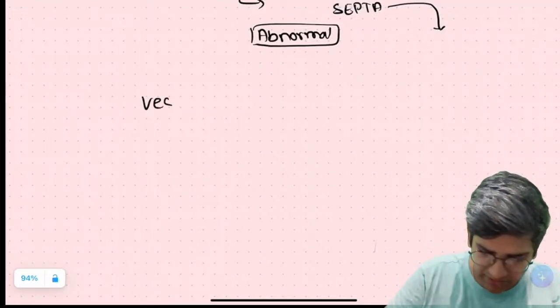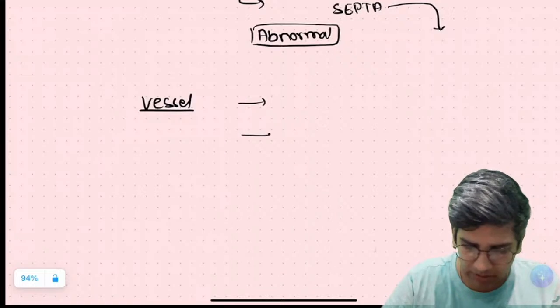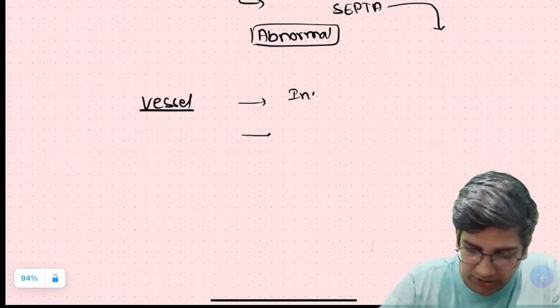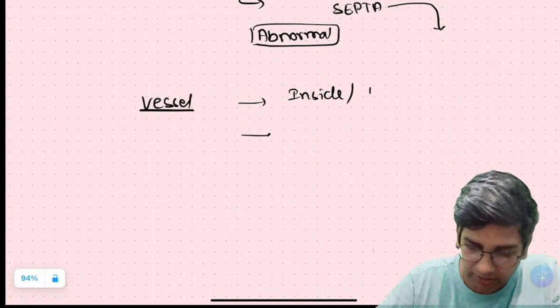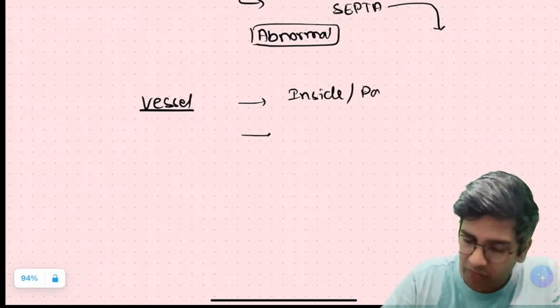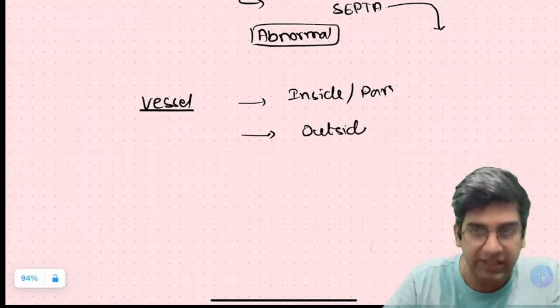So now we had agreed that the vessel is abnormal. Fine. So when the vessel is abnormal, the first question I want you to ask is, is it inside the vessel or outside the vessel, or a part of the vessel, maybe the wall of the vessel, or inside the vessel, or is it just outside the vessel? What do you think, guys?